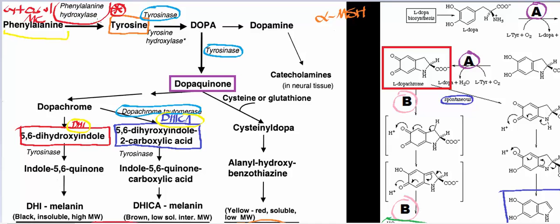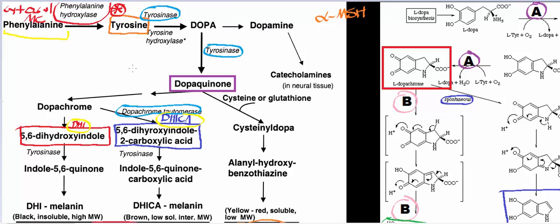So in terms of eumelanin synthesis, let me tell you what I want you to know and be able to reproduce on the exam. I want you to be able to tell me the names of the molecules and the enzymes. I want you to know that in the cytosol of the melanocyte, phenylalanine is converted to tyrosine.